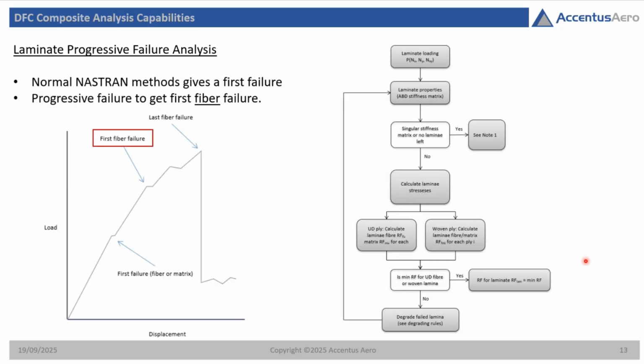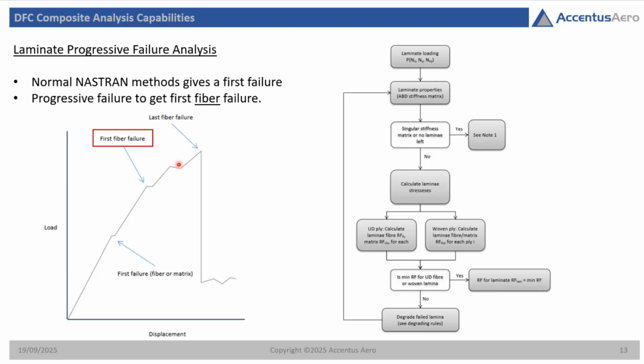Our normal Nastran input gives us first failure. Basically, it tells you something has failed. You don't know whether it's fiber or matrix, but something has failed. What we are actually interested in is when the first fiber fails, not the matrix. That is more or less at this point here.